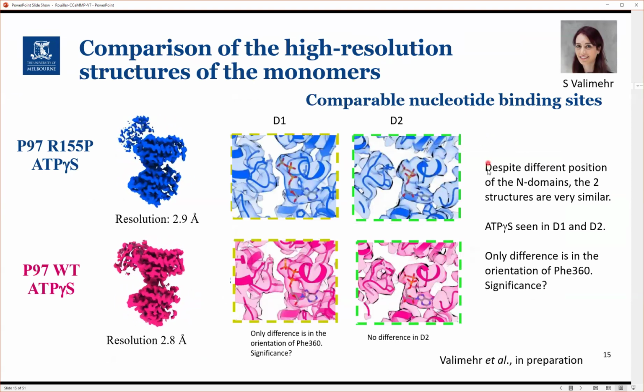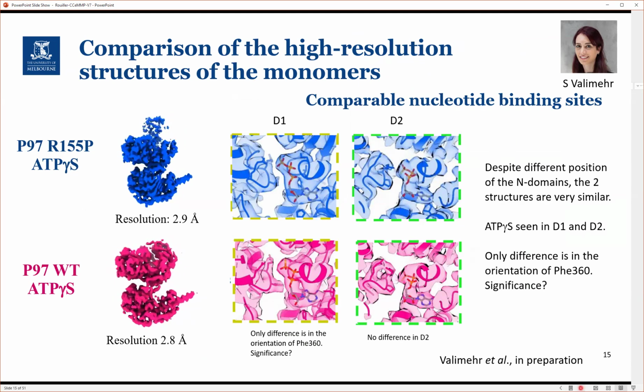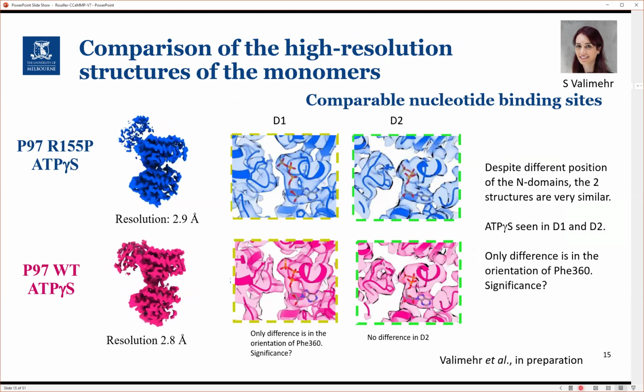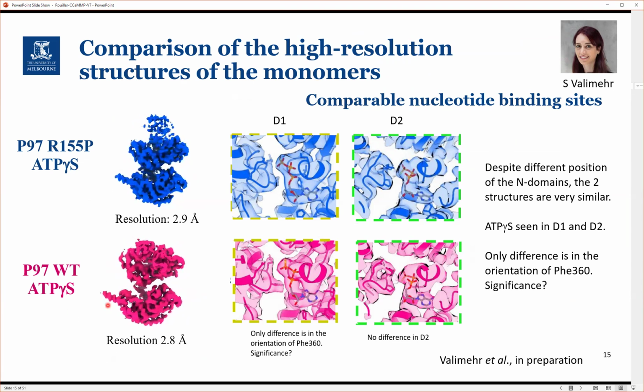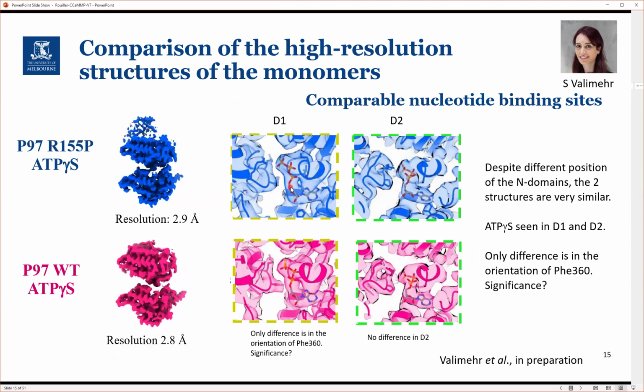Nonetheless, using the 38% of the protein and the 57% of the protein, she calculated a very good reconstruction of the mutant and the wild type, and then she started analyzing the differences.